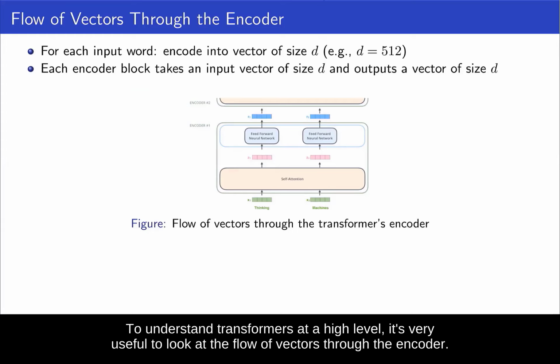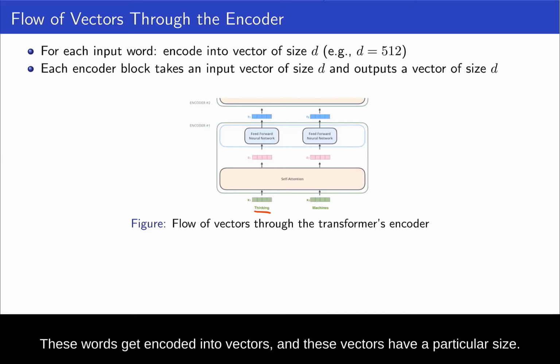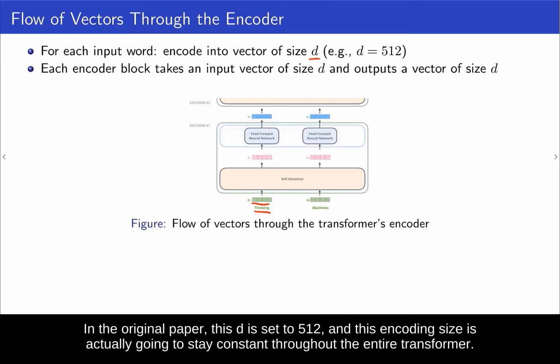To understand transformers at a high level, it's very useful to look at the flow of vectors through the encoder. We're talking about neural machine translation, and there are these words that are inputs. These words get encoded into vectors, and these vectors have a particular size, little d, and in the original paper, this d is set to 512.